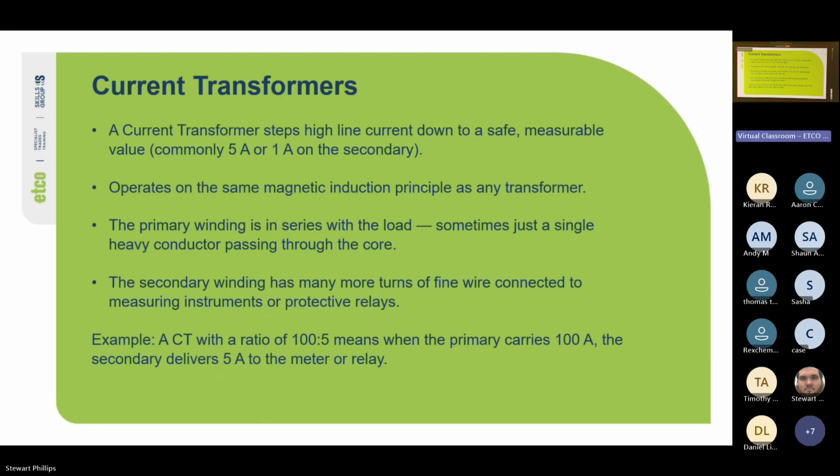So if the current flowing through a conductor into a device reaches a certain point, the secondary current will reach a certain point, which will trigger a safety relay, which could activate an alarm, or it could activate a fan to start a cooling process. It could start a water pump.